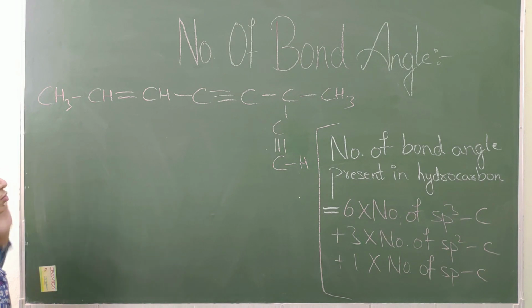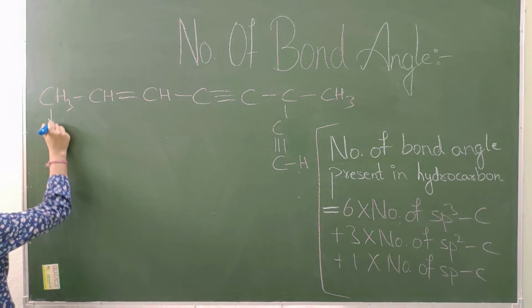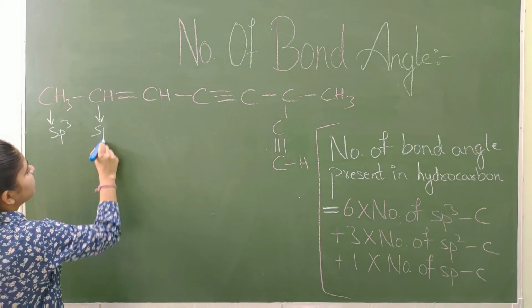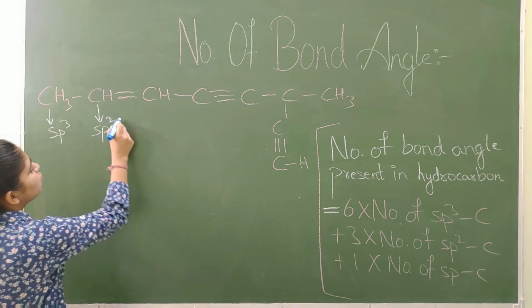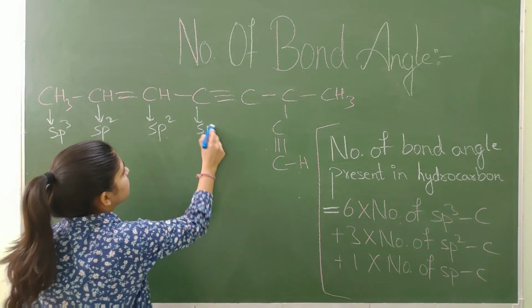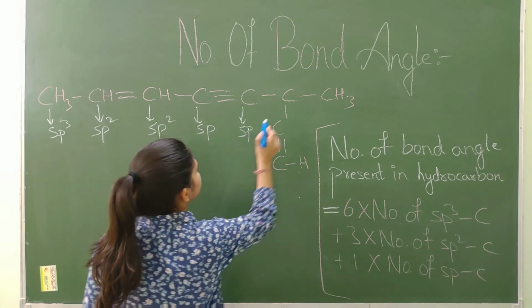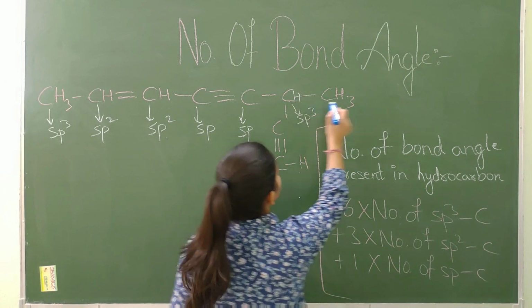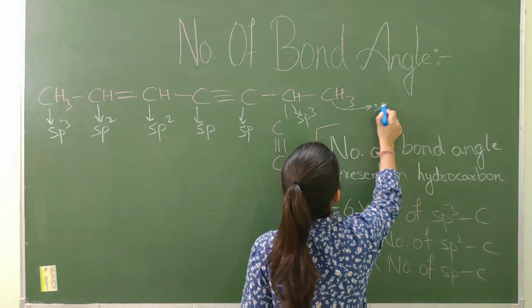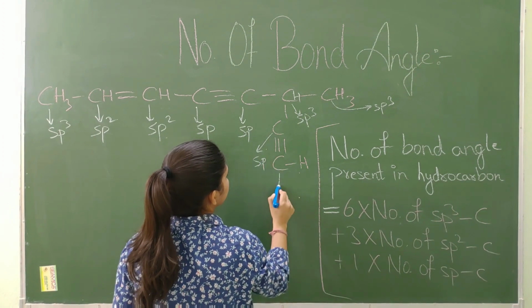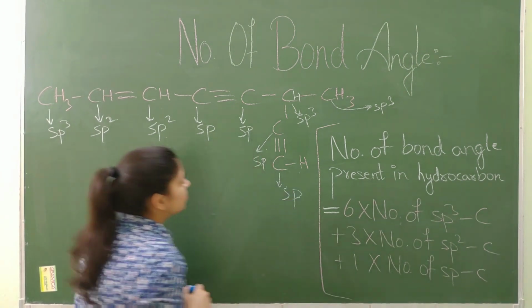Now let us calculate the total number of bond angles in this carbon chain. First we have to see the hybridization of each carbon. This is sp2, this is sp2, this is sp, sp, sp3, sp3 and this is sp, sp.